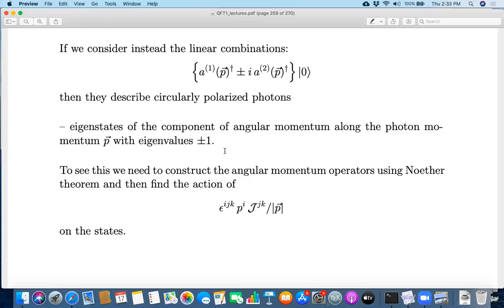But otherwise, it's not necessary that you have to use the elementary fields to create in states and out states. So this is the reason why whether you write the theory in terms of phi or chi, it doesn't matter at the level of the S matrix elements. Green's functions will be different, right? Green's functions of phi are different from the Green's functions of chi. But the S matrix or the masses of physical particles are not going to be affected by this change of variables.